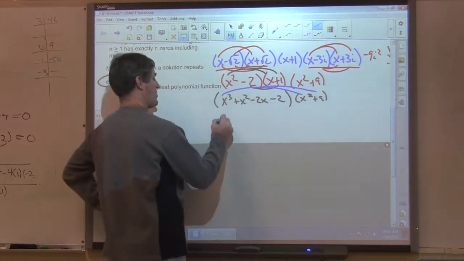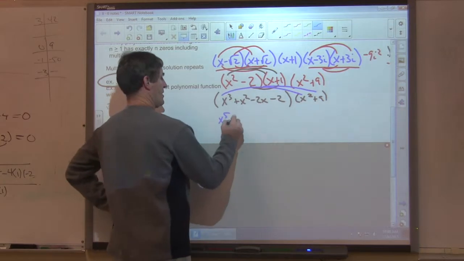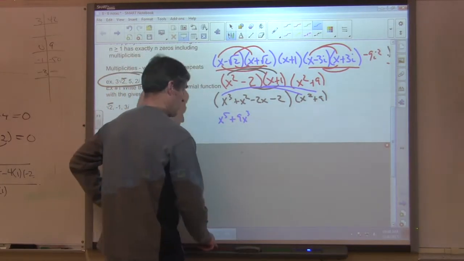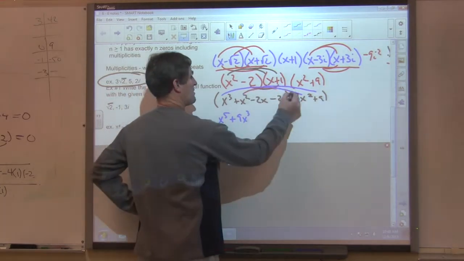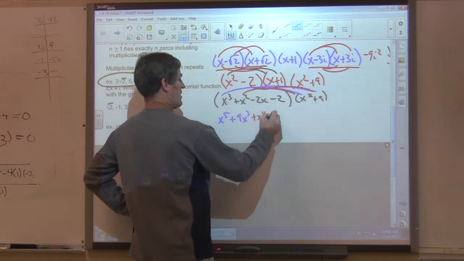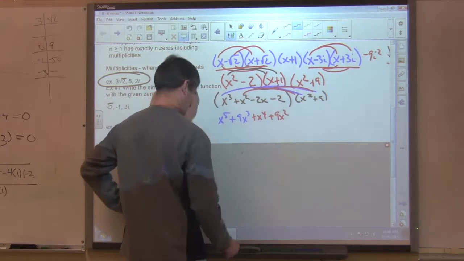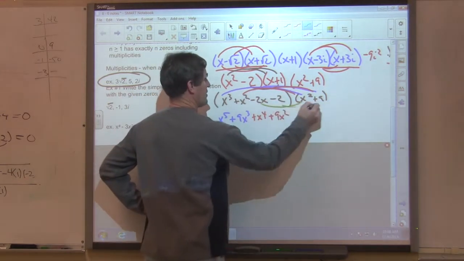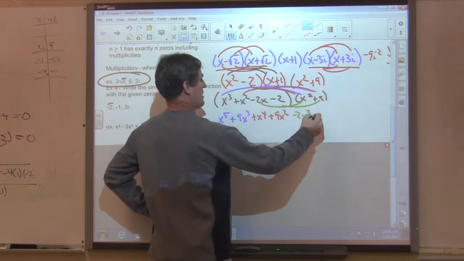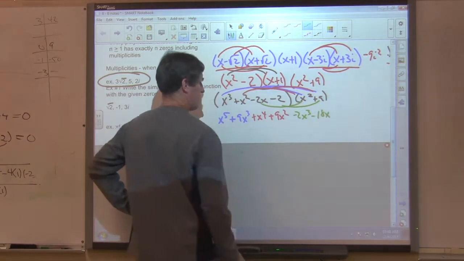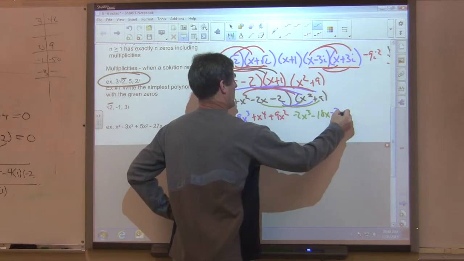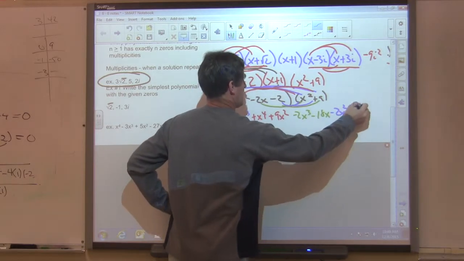x cubed times both, so x to the 5th plus 9x cubed. Now I'm going to take the x squared times both, so that would be x to the 4th plus 9x squared. Now I'm going to take the negative 2x times both, so negative 2x cubed minus 18x. And then lastly, I take the negative 2 times both, so negative 2x squared minus 18.